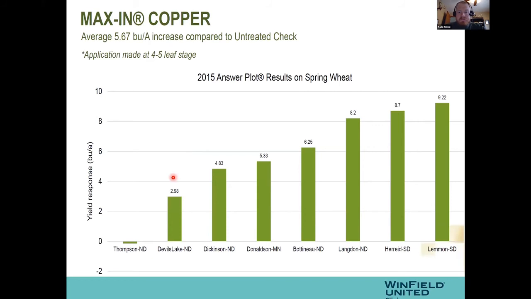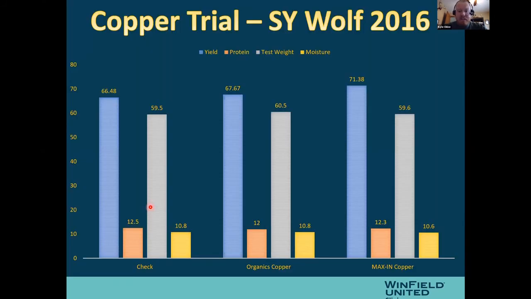And so, here's just some stuff from the past when we used to have wheat in our plots. We've seen some really nice responses to copper in soils that had deficiencies in copper when we applied these at that 4 to 5 leaf stage. Here's just another field trial that comes out of South Dakota. This is on winter wheat, and same thing.